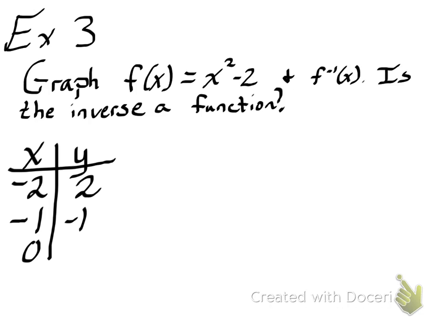0. 0 squared minus 2 is negative 2. 1. 1 squared minus 2 is going to give me a negative 1. Positive 2. 2 squared is 4, minus 2 is 2.